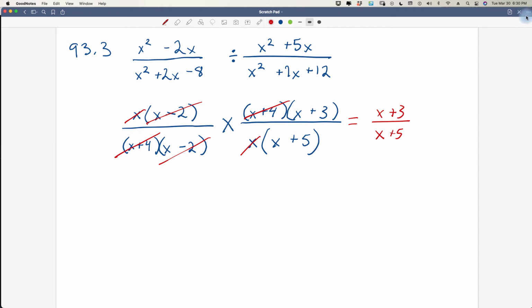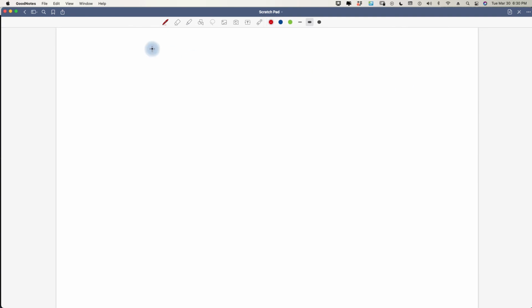All right, let's move on to 93.4 because I think you guys are getting the hang of it. And then this is the last one for lesson 93. So x squared minus x minus 6 over x squared minus 3x minus 10 divided by, and listen, you might see this written a different way.